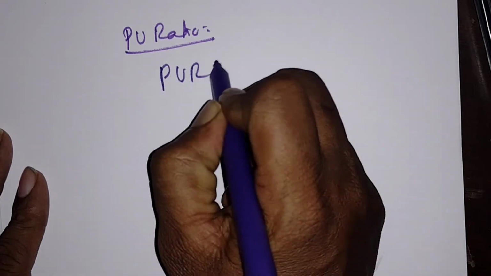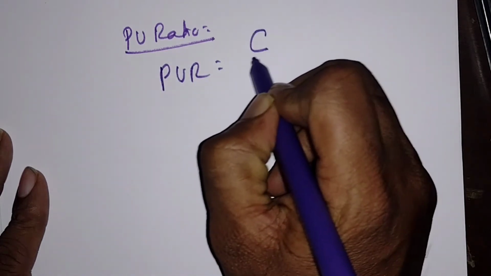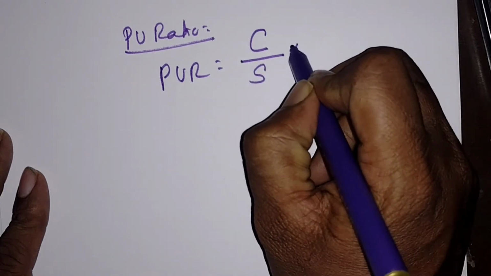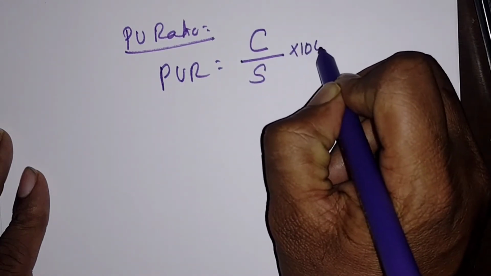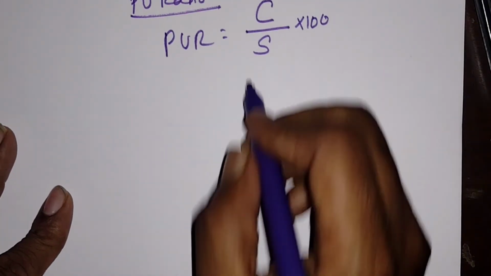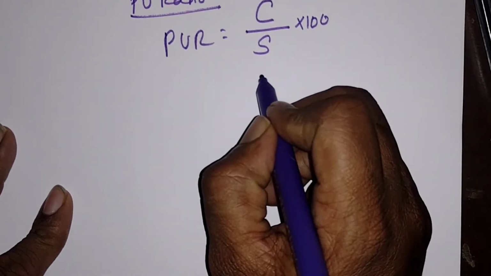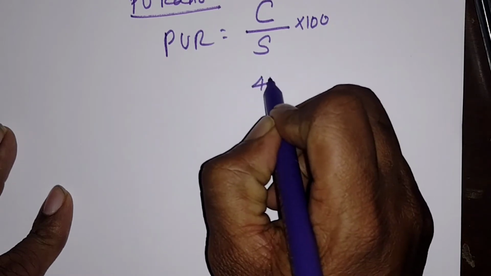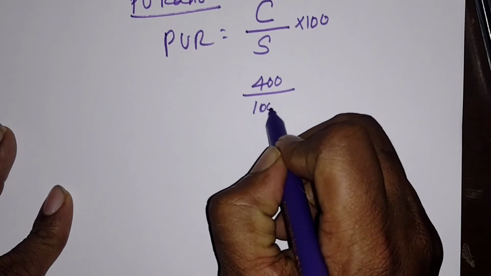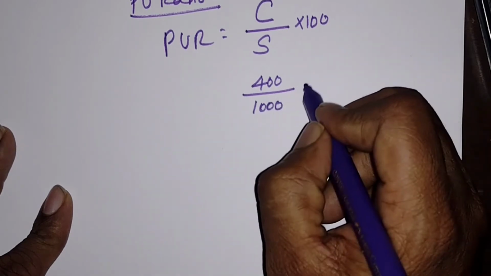PV ratio is equal to contribution divided by sales into 100. Now my contribution is 400 rupees. My sales is 1000 rupees.